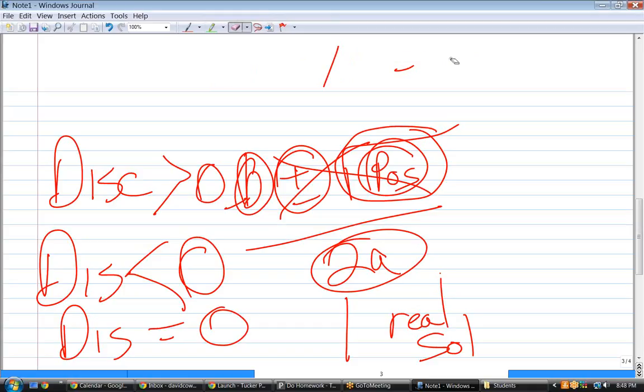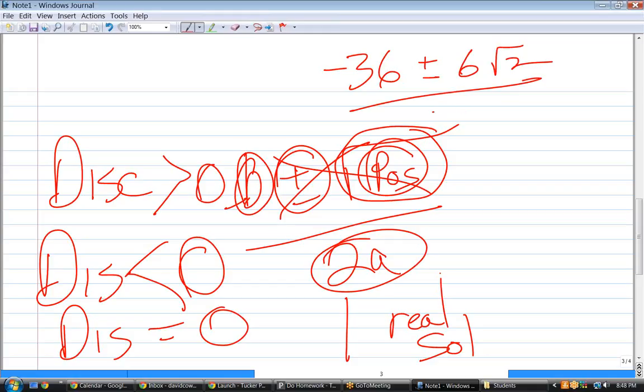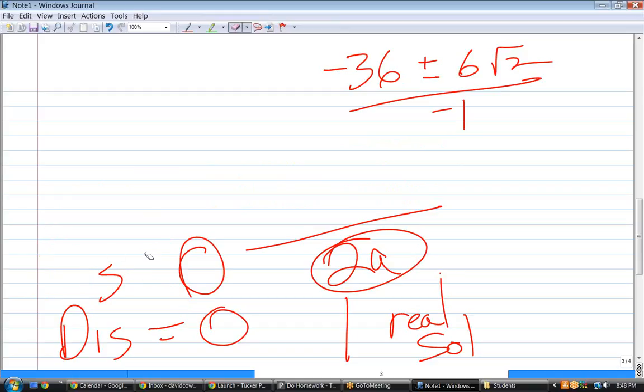So now I have minus 36 plus or minus square root of 72. The square root of 36 times 2, so that's 6 root 2, all divided by 2a, which is minus 1.